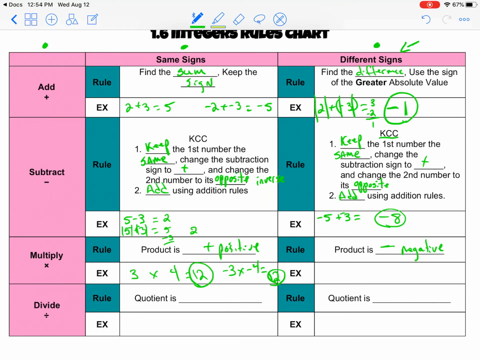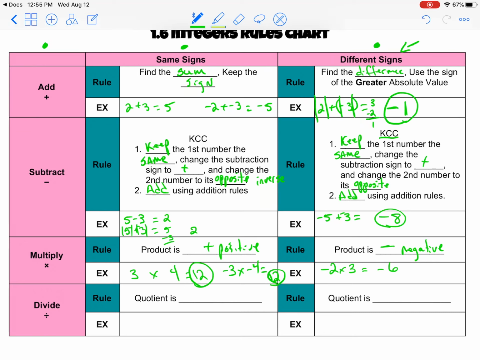But what if they were different? Negative 2 times 3. Those signs are different. My answer is going to be a negative. 2 times 3 is 6. Got it? If the signs are different, it's a negative result. If the signs are the same, it's a positive result.